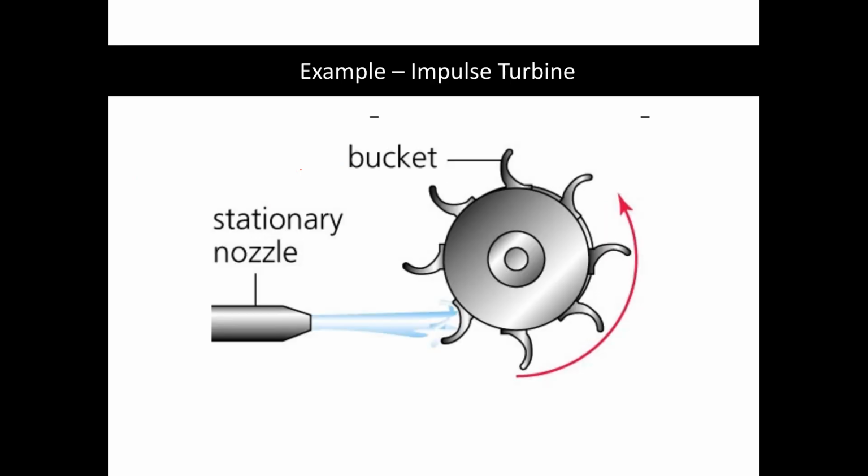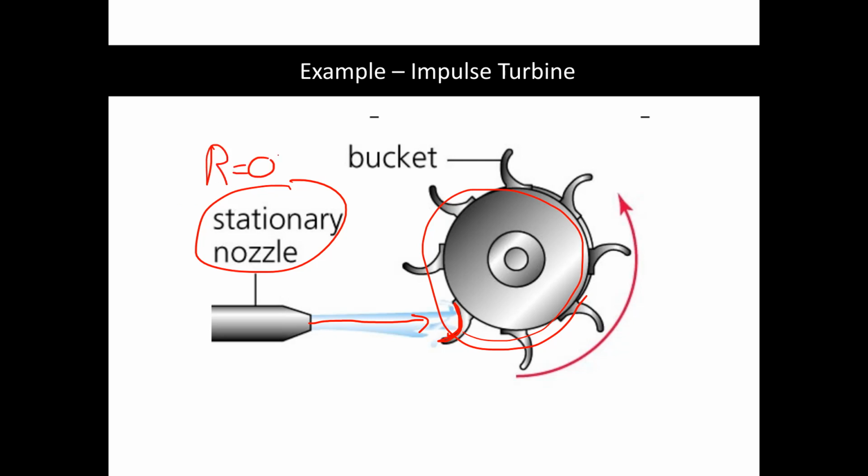Impulse turbines have a stationary nozzle with a high velocity fluid that comes in and hits these turbine blades. They're not really turbine blades, they're called buckets, which causes this turbine to spin. That would be the result of a reaction of 0, because now all of the energy has to do with dynamic effects.